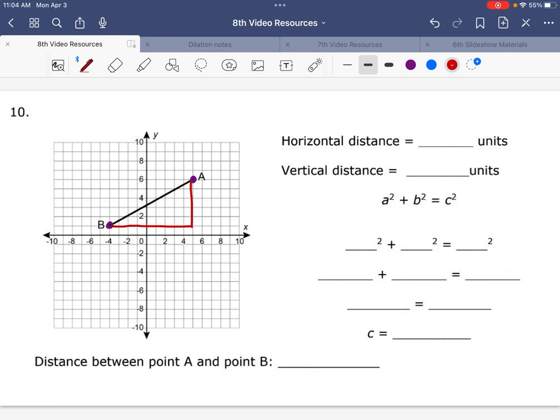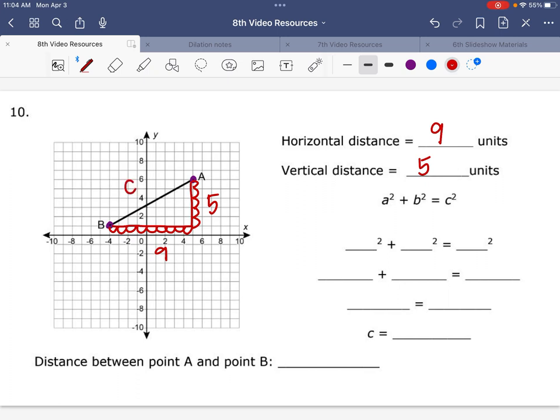The horizontal distance, which goes left to right, is 1, 2, 3, 4, 5, 6, 7, 8, 9. So the horizontal distance is 9 units. The vertical distance, which is up and down, is 1, 2, 3, 4, 5. And so now I've created my right triangle, and I'm just solving for the hypotenuse, c.